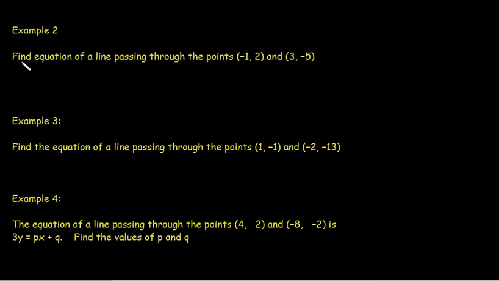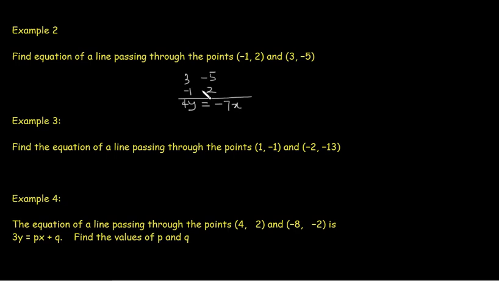Example 2. Find the equation of a line passing through the points (-1, 2) and (3, -5). Whichever way you want to align the points, we have (3, -5) and (-1, 2). Now 3 minus -1 is 4, so 4y should be equal to -5 minus 2, which is -7x.